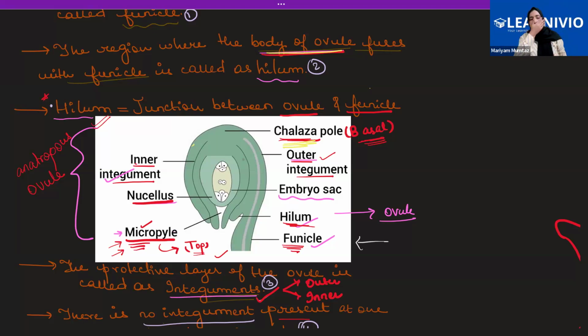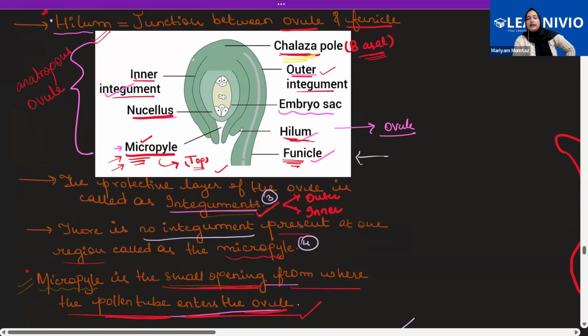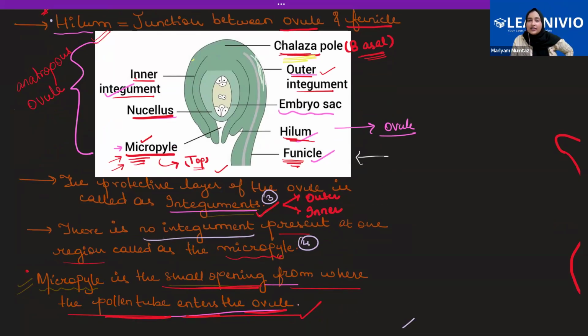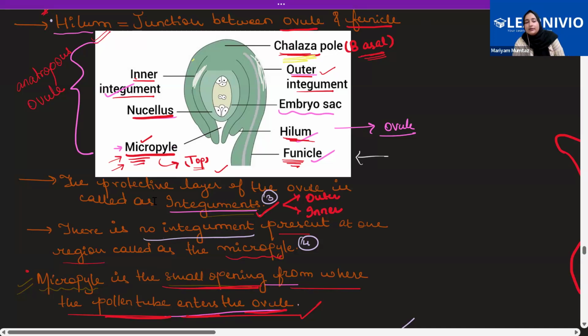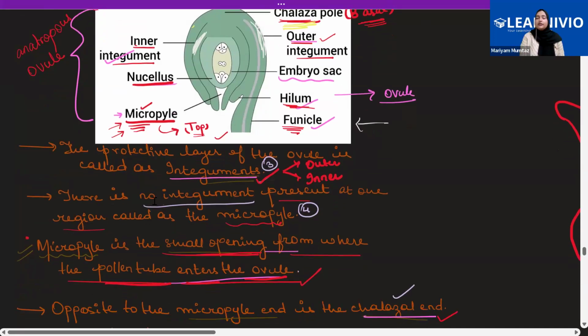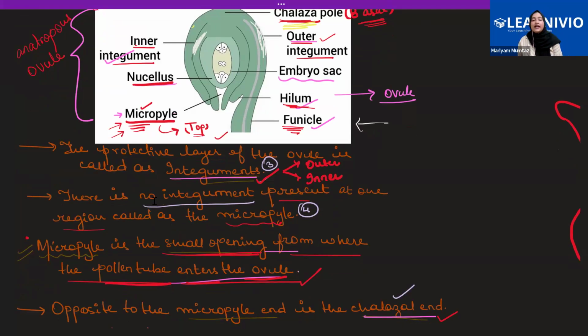Now, in the ovule, there are protective layers called integuments. There is an outer integument and an inner integument. These two layers protect the embryo sac. The area where the integument is not present is called the micropyle region.